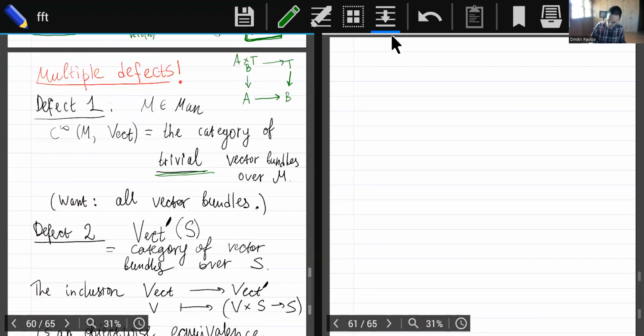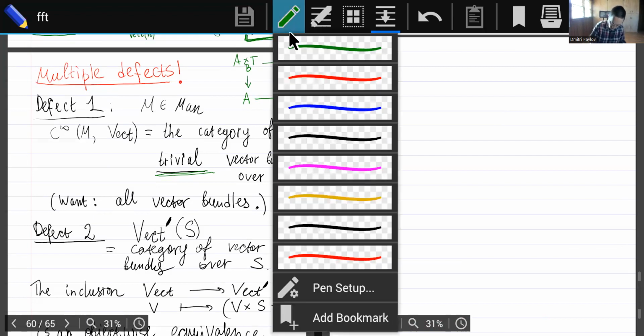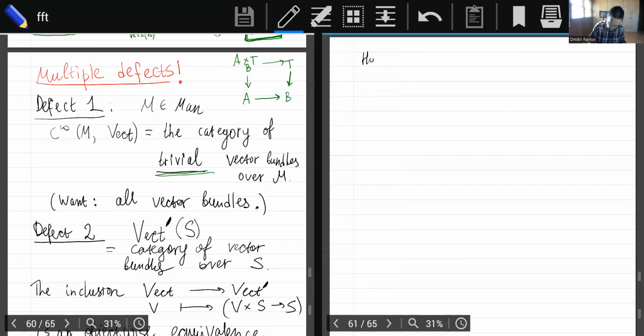Let's compute, where M is a smooth manifold. Well, let's recall how a smooth manifold is a smooth set.